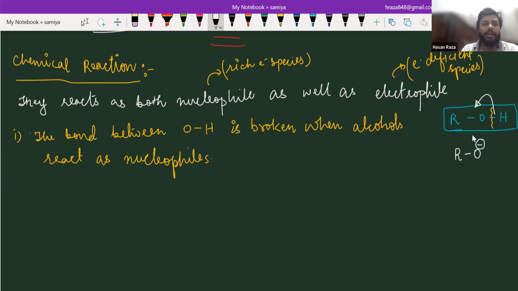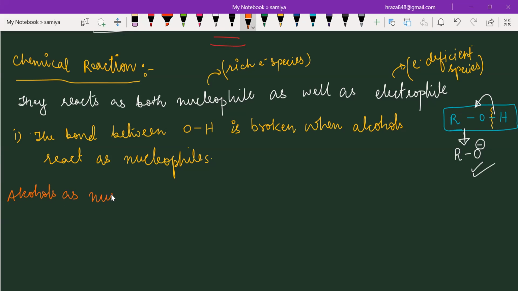Nucleophile is an electron rich species, in the form of either a lone pair or a negative charge. Now this alcohol is converted into an anion, so it is negatively charged. That means it has extra electrons, so it can donate easily. That's why it acts as a nucleophile. Is that clear to everyone?